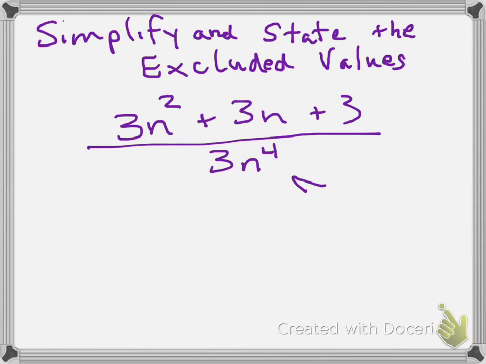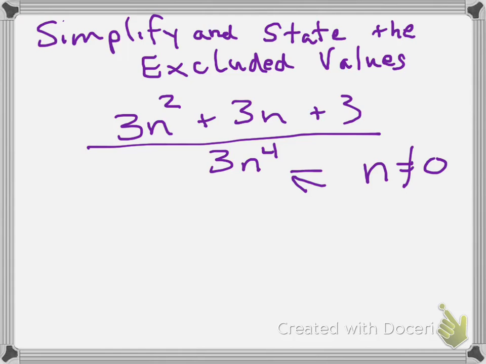So if we were just in this example right here and state what values it can't be, n cannot equal 0 because 0 to the fourth is still 0. 0 times 3 is 0. So 0 in this case is the only number that can apply. So that's how you find the excluded values.